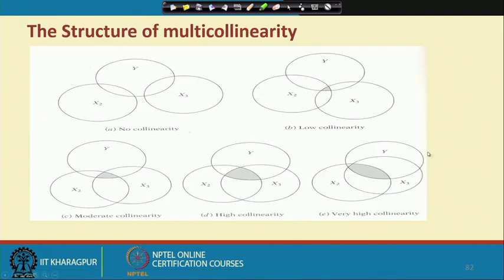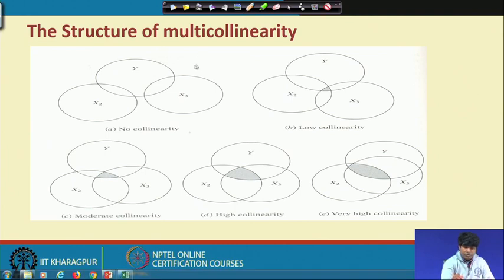In the first instance the look will be like this. This is the case where r equals 0, and here r will not be exactly equal to 1, but approximately close to 1.